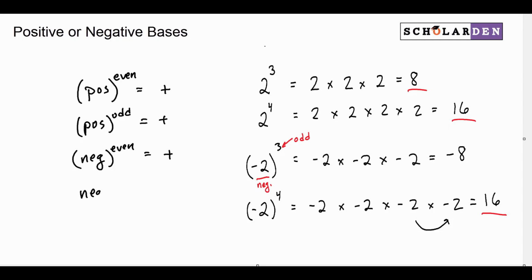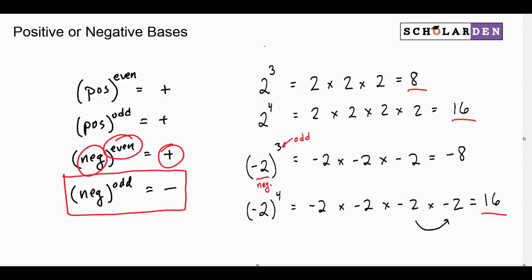And a negative number to an odd power is the only way to get negative. Okay, so the order here is a little different from the order before, but I wanted to highlight that this is the only one that gives you a negative answer. And the reason is a negative number multiplied by itself an even number of times will always come out positive.